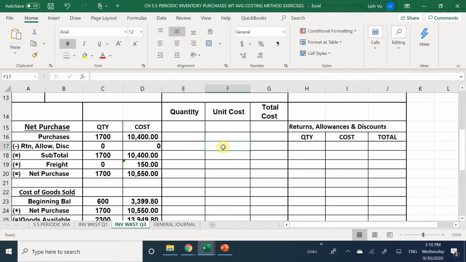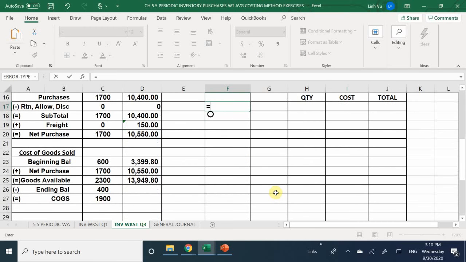How do I solve for it? You take the total cost, $13,949.80, and divide it by the 2,300, because now we're adding in our old inventory and combining it all together, spreading the cost evenly.